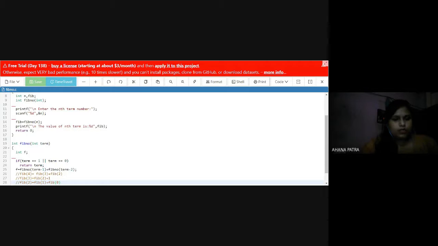When term equals 1, you can see it returns 1, and when the term is 0, it returns 0. So we get 1, that means we get 2.